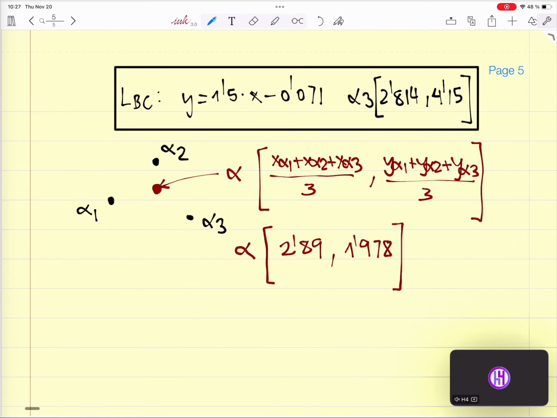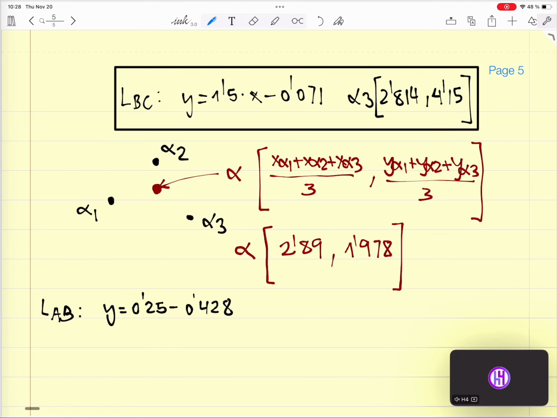The parallel line, so the line separating A and B was y equals 0.25 x minus 0.428.